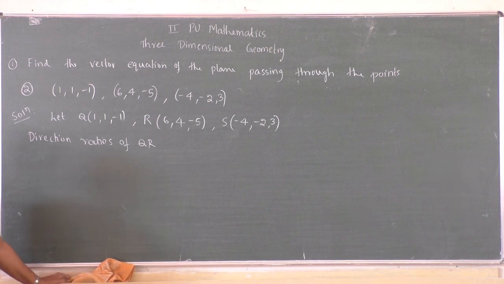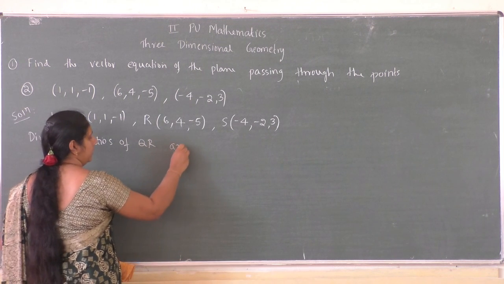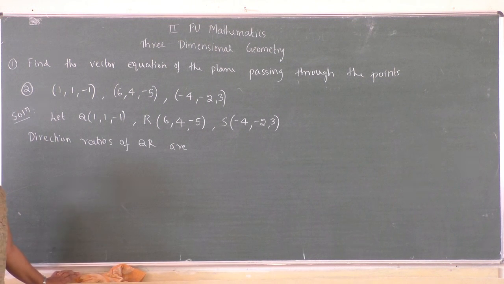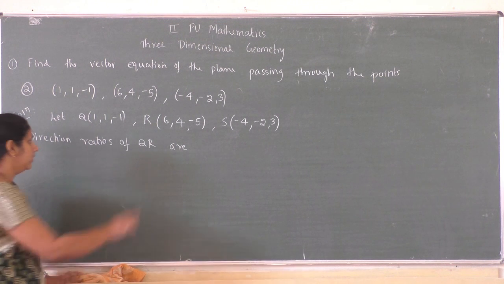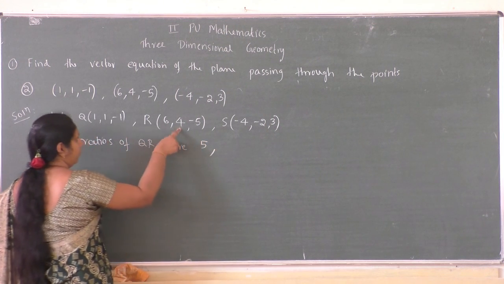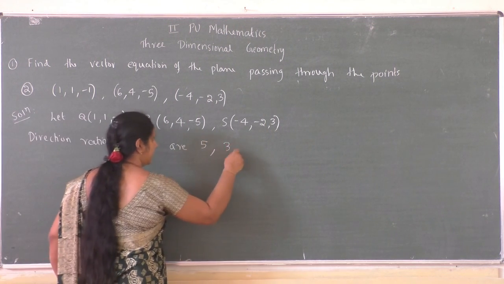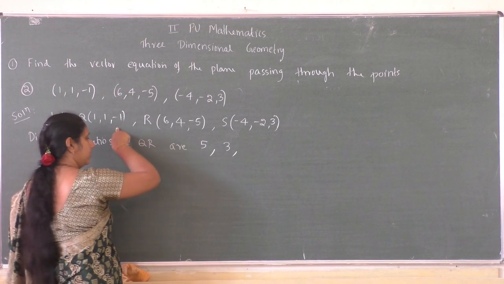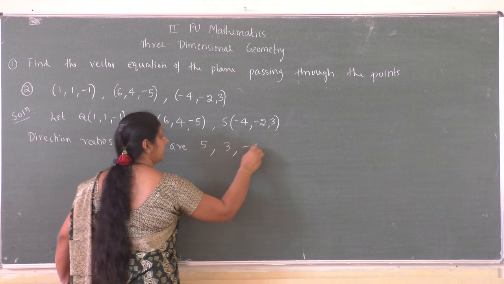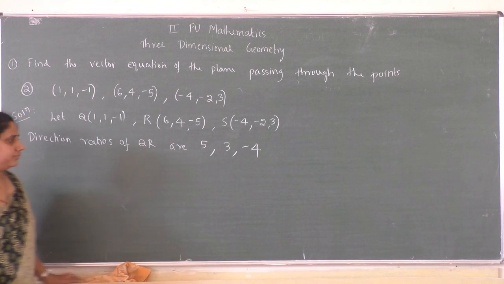The formula is x2 minus x1, y2 minus y1, z2 minus z1. So 6 minus 1 is 5, 4 minus 1 is 3, minus 5 minus of minus 1, that is minus 5 plus 1, minus 4.